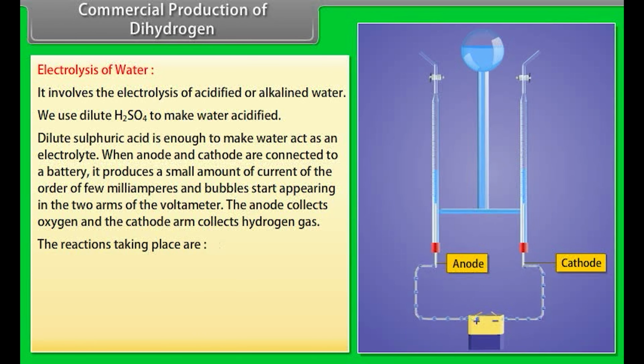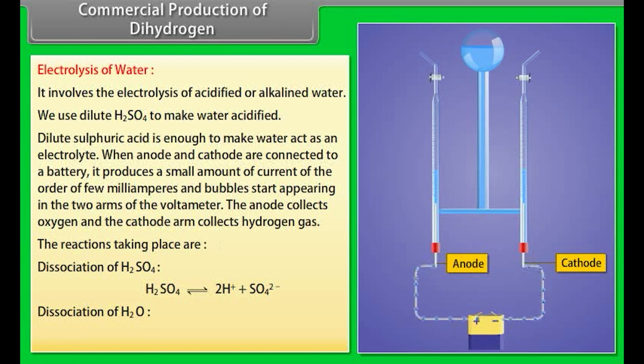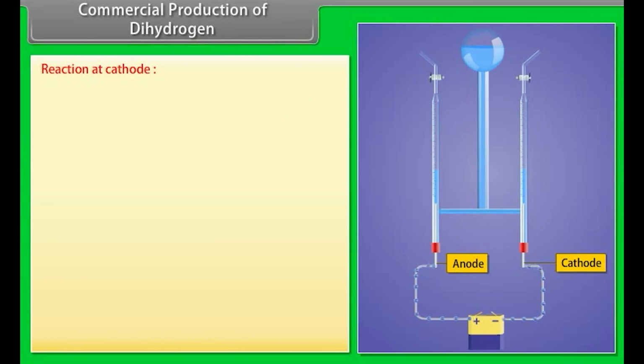The reactions taking place are: dissociation of H₂SO4. H₂SO4 gives 2H+ plus SO4 2-. Dissociation of H₂O. H₂O gives H+ plus OH-. Reaction at cathode.